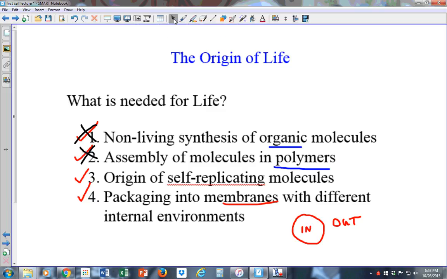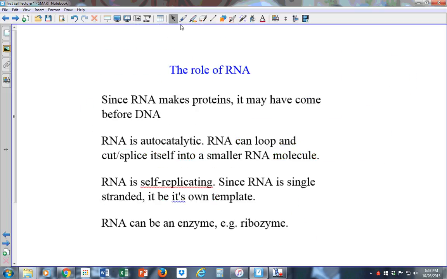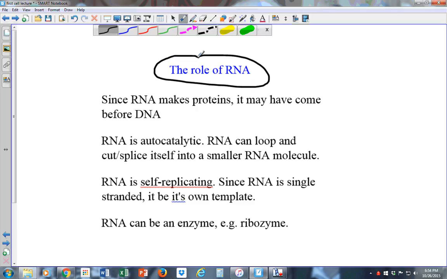Is there a molecule that is self-replicating? Let's take a look here. Well, there certainly is. It's a really common molecule. We know it, RNA. RNA is a very, very simple molecule, much simpler than DNA, since it's usually single-stranded, and it is what we call autocatalytic, which means it can start reactions on itself. And the way it does it is this.